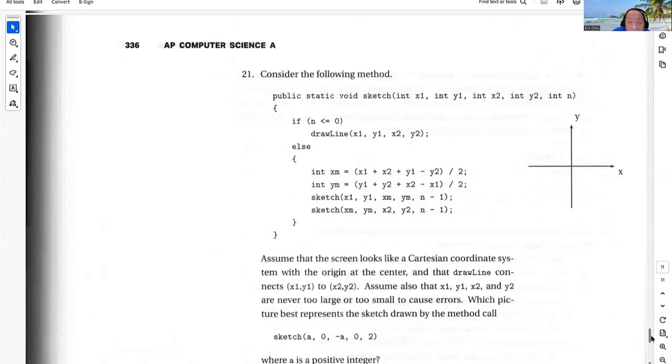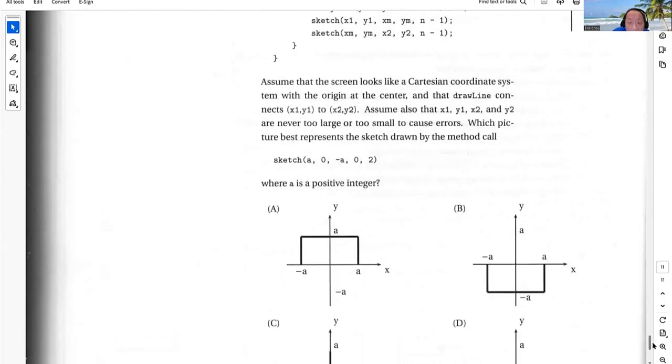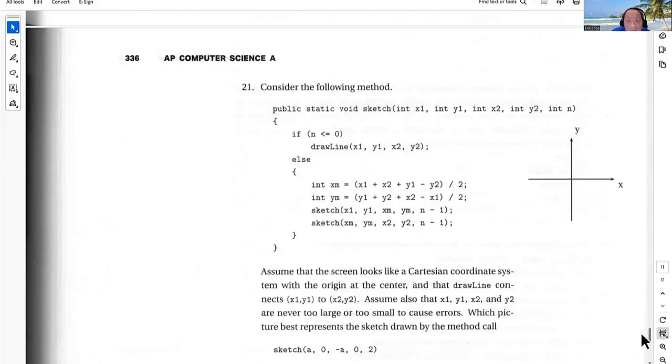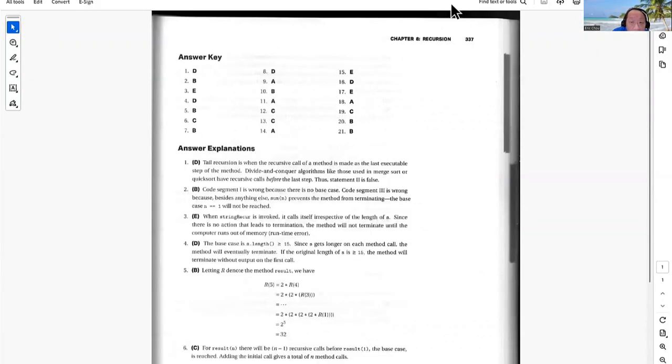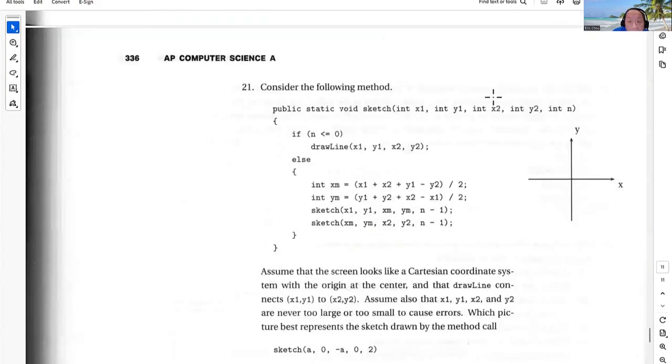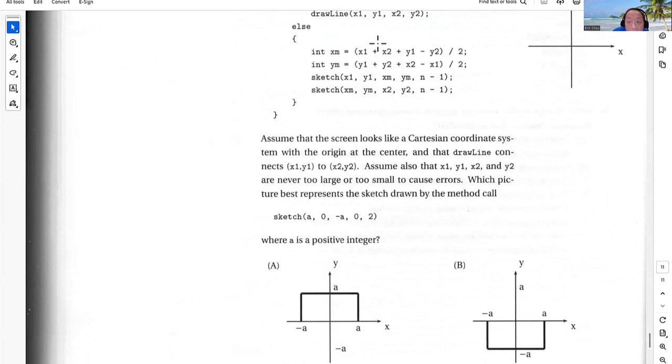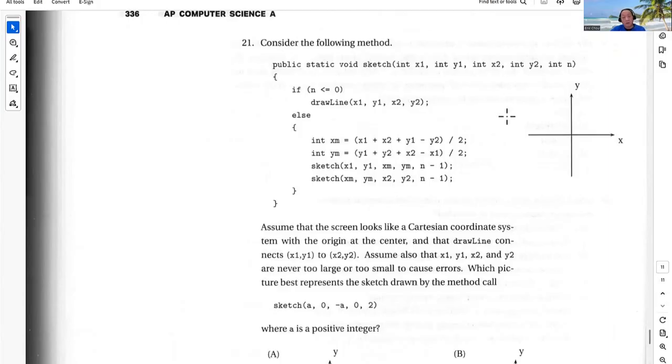Number 21 is geometry. This one is too difficult, okay? You need to trace it one by one and draw the diagram, so this one will spend some time. I don't think this one will happen on the exam, so you just study it. It is B. If you try to understand the purpose, it's very difficult to understand, and there's no clue what this one is really trying to do.